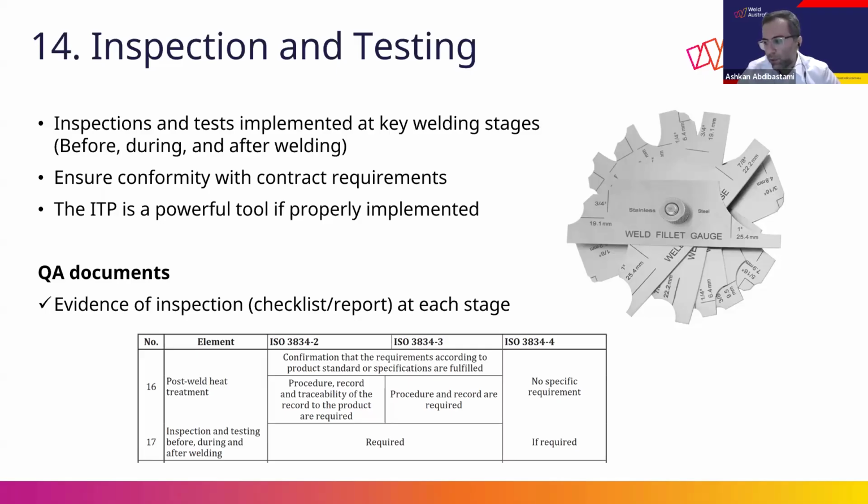ITP is a powerful tool here, and QA documents that we verify during the audit provide evidence of inspection, such as checklists or reports at each stage, before, during, and after. For both part 2 and part 3, inspection before, during, and after is required, as you see from this table extracted from part 1.